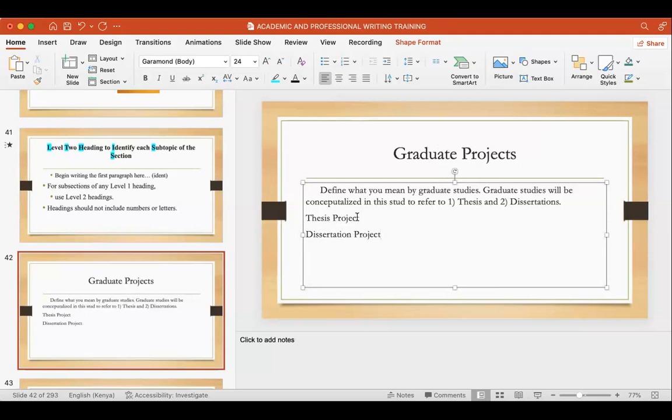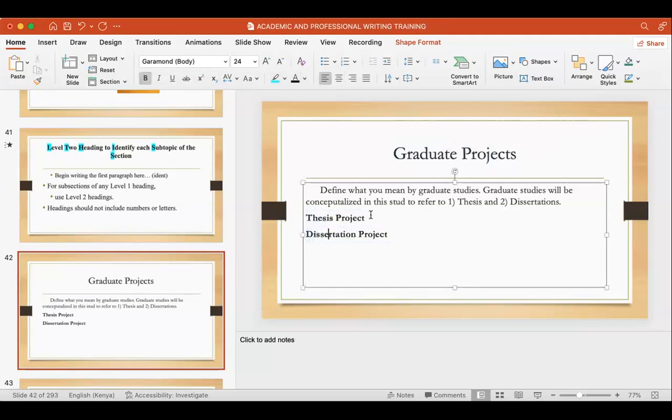So here, because this is level 2, we need to highlight it and ensure that it is left aligned. It starts on the left margin, left aligned. This is what we're talking about here. Level 1 is centered. Level 2 starts on the left margin.